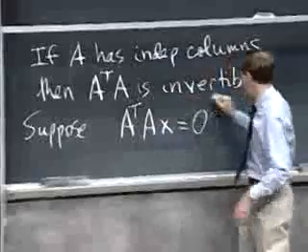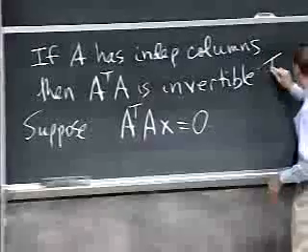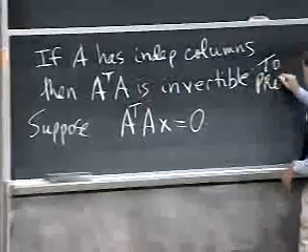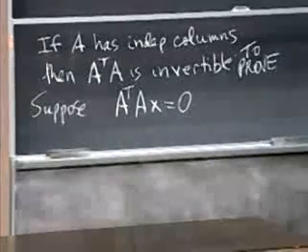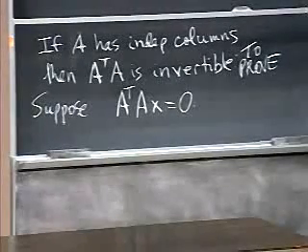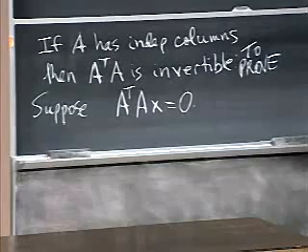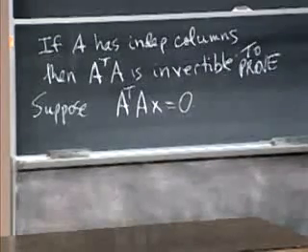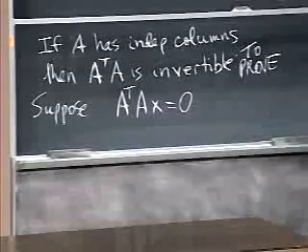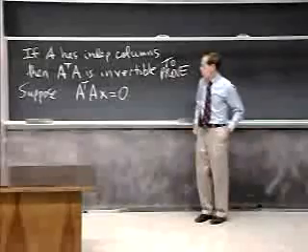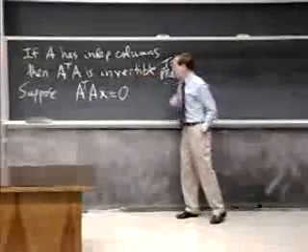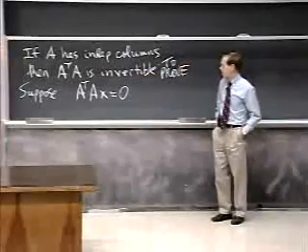This is now to prove. I don't hammer away at too many proofs in this course. But this is like the central fact, and it brings in all the stuff we know. Okay, so I'll start the proof. Suppose A transpose A X is 0. And I'm aiming to prove A transpose A is invertible.